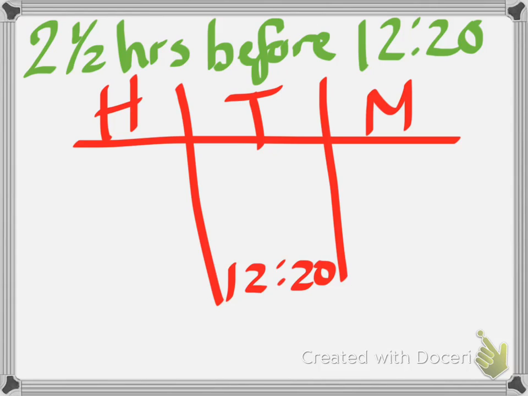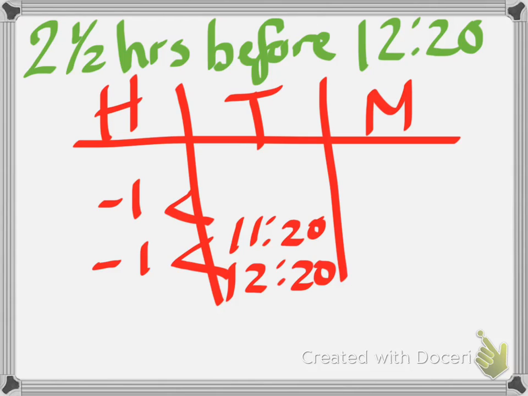And we need to go work backwards 2.5 hours. So here we need to take away 1 hour. And that would be 11:20. We need to take away another hour, which would give us 10:20.